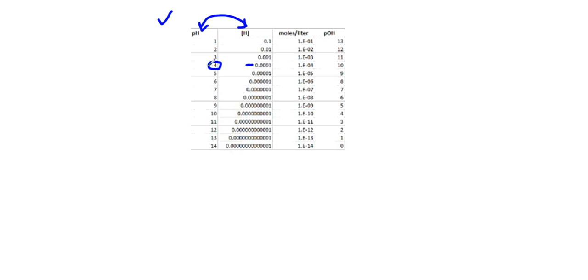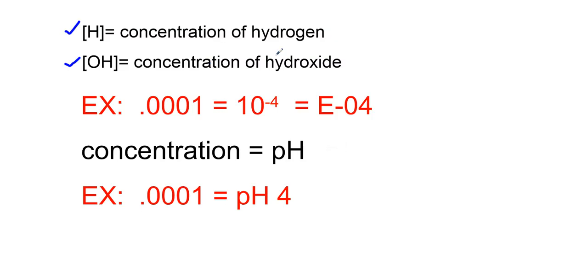But let me just show you how to do it if you didn't have this table. So let's go ahead and write down this one here. Here's an example. Suppose the hydrogen concentration is 0.0001. What is that? Well, if you look at it in scientific notation, we have 1, 2, 3, 4, so it's 10 to the negative 4.